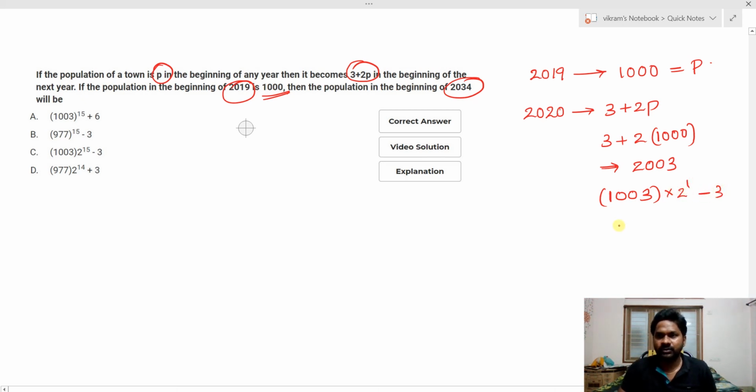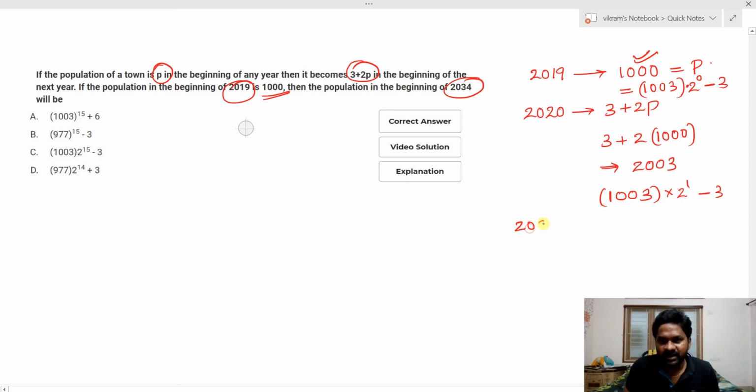For the starting year, I write 1003 into 2 power 0 minus 3. 2 power 0 is 1, so 1003 minus 3 gives 1000. For 2020, I get 1003 into 2, that is 2006, minus 3, which is 2003.